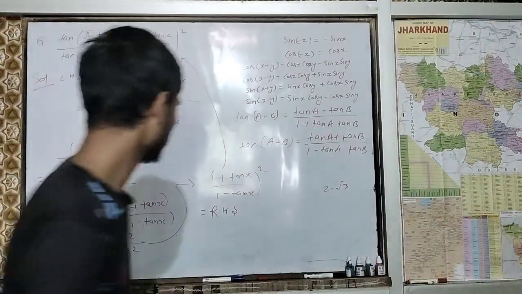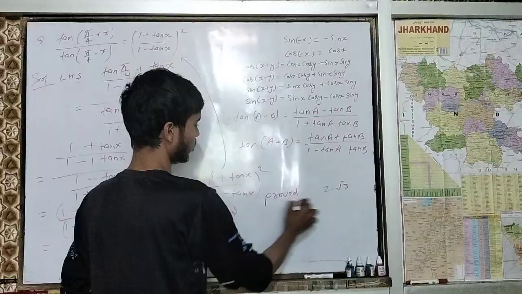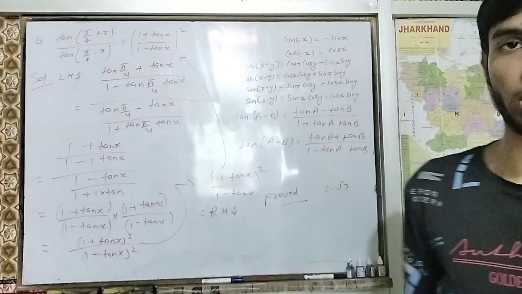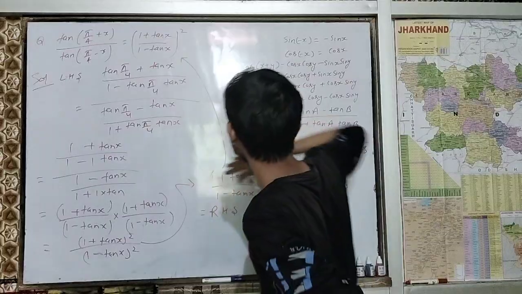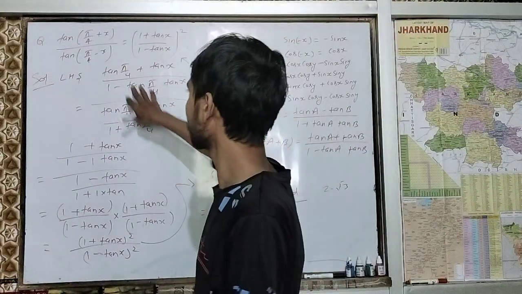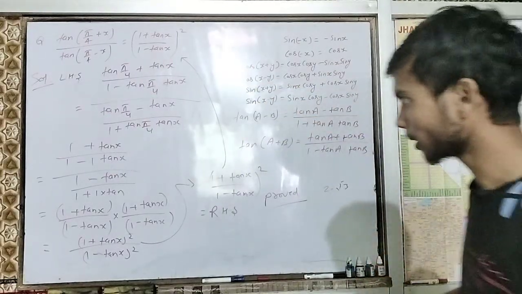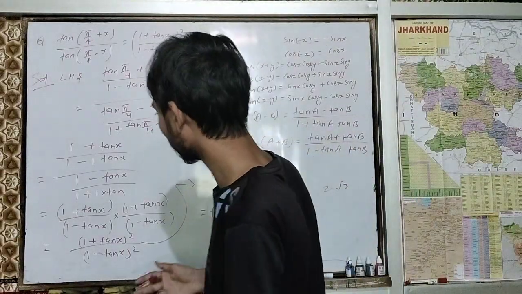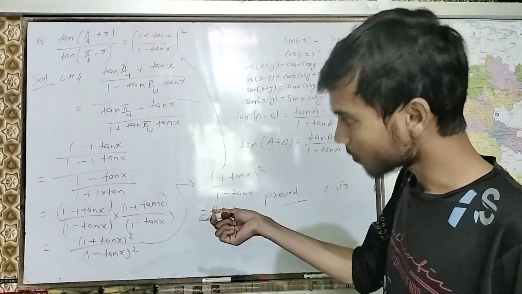So let's see what it is now. We have proved it. Here, let's see the process. We applied this trigonometric identity. Then we substituted the value of tan pi upon 4. Then after applying this value, we simplified this.